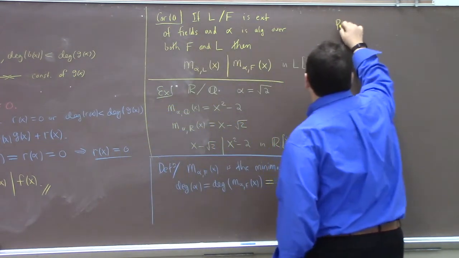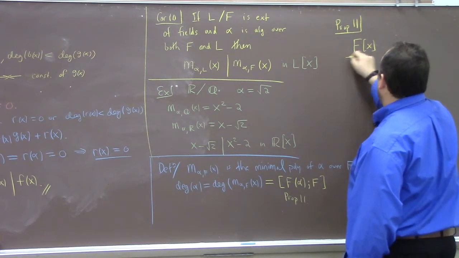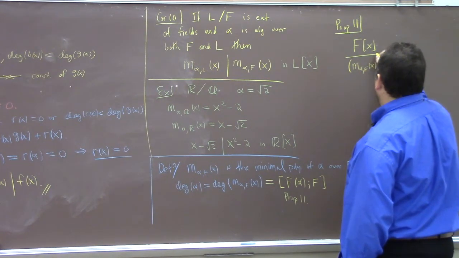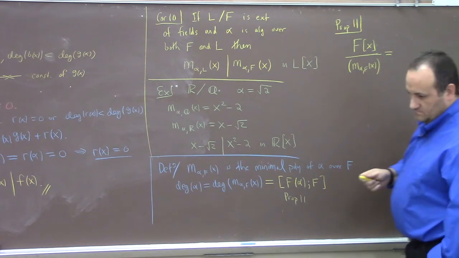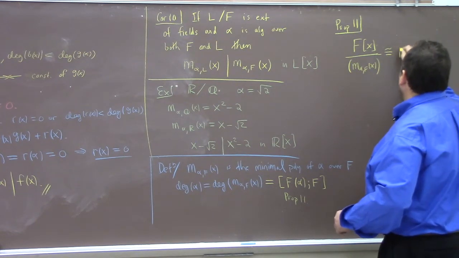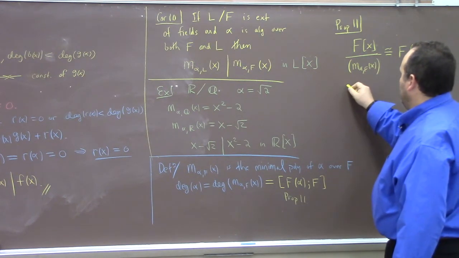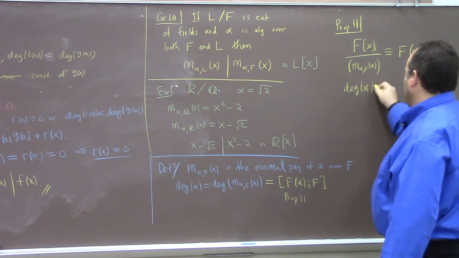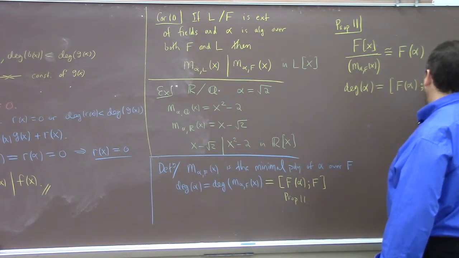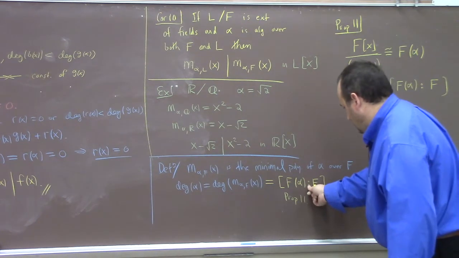Proposition 11 says essentially this: F of x mod the ideal generated by the minimal polynomial is, well, not equal to, it's isomorphic to F adjoin alpha. And again, the degree of alpha is the dimension of F alpha over F. That's just a colon, not a semicolon, my bad. Colon.